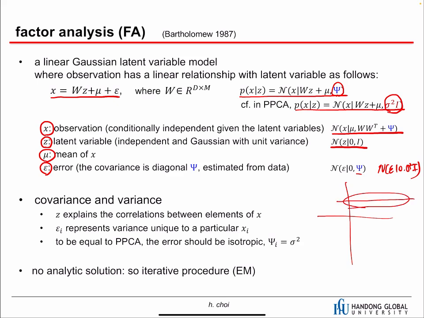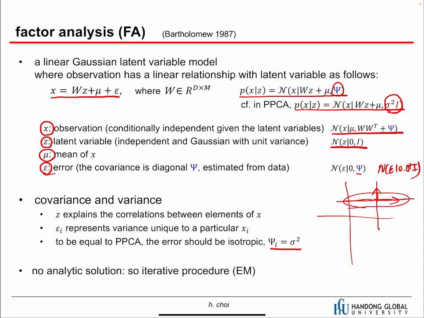In these dimensions we have a high variance, but in this dimension we have a small variance. But this one and this one are uncorrelated. So we have covariance and variance. Covariance can be captured by W or Z, and the variance can be captured by epsilon. Z explains the correlations between the elements of X, and epsilon sub i represents variance unique to a particular x sub i. To be equal to PPCA, the error should be isotropic.